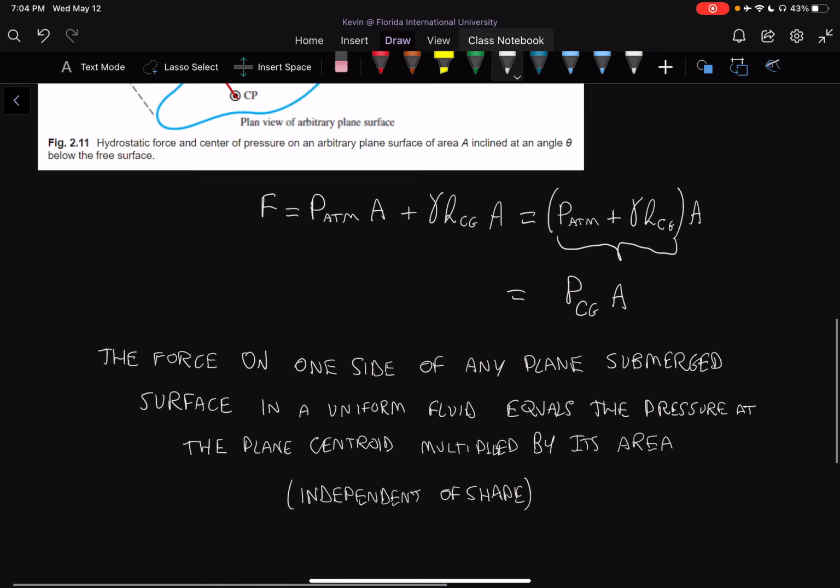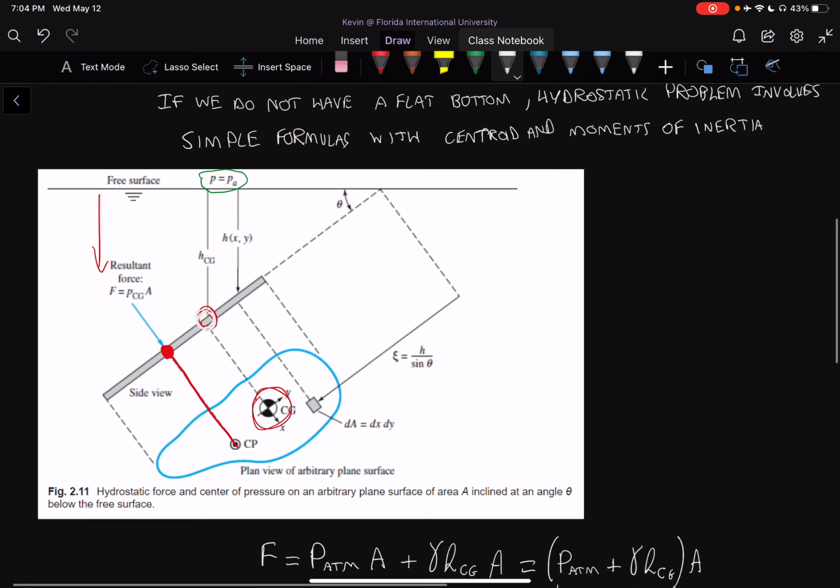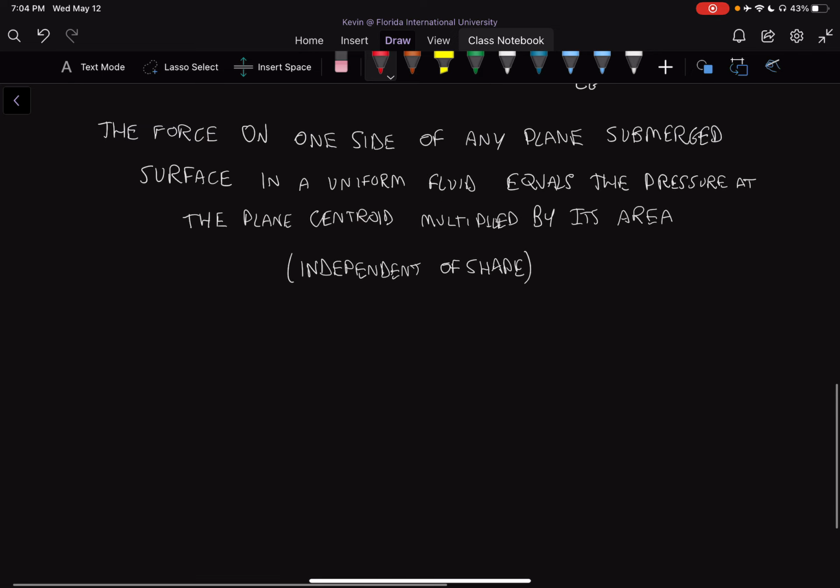We can see that this resultant force is shown right here. So it's the pressure at CG multiplied by A. And that's the centroid in terms of the shape of the system. It's where the center of the shape is.